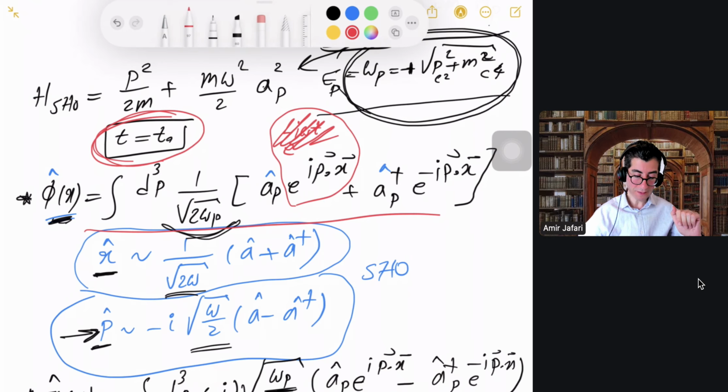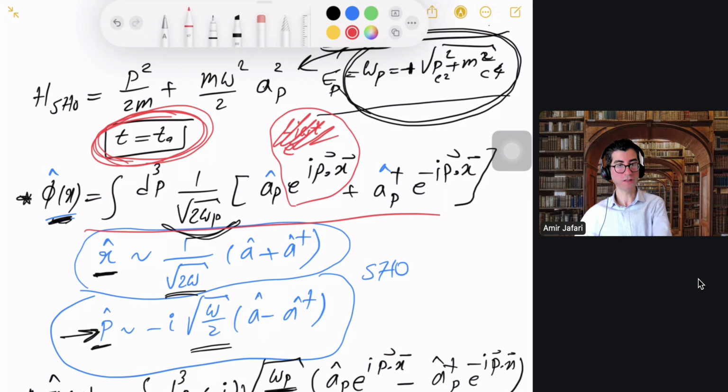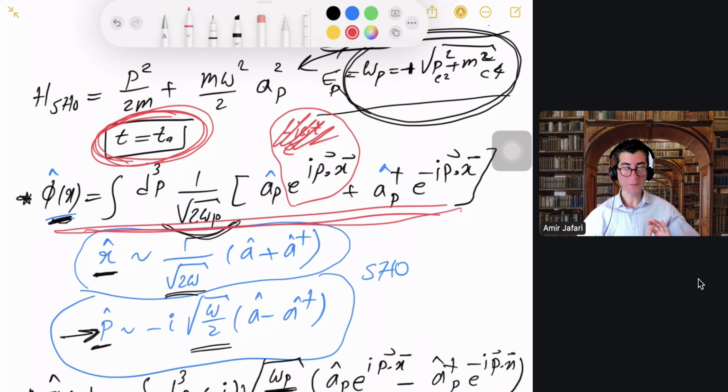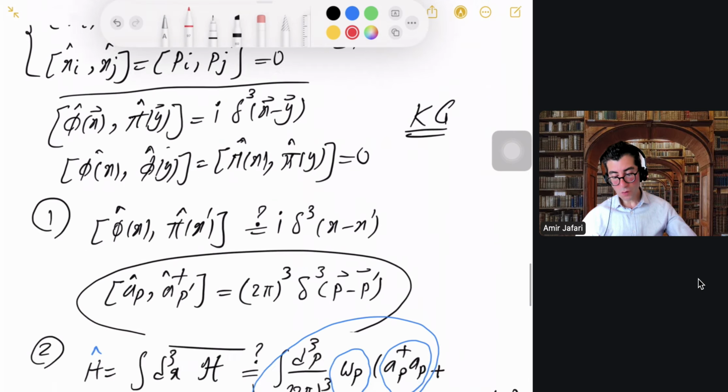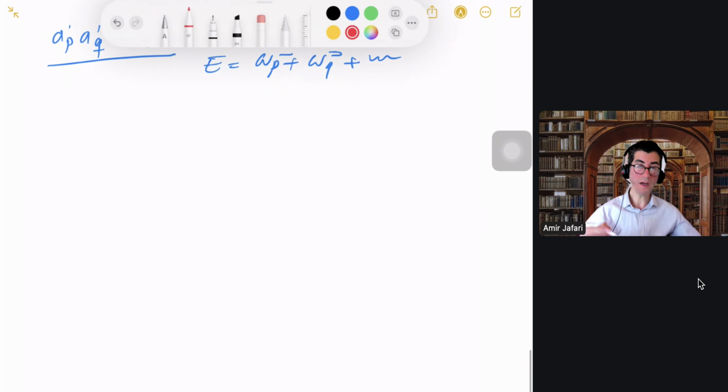So basically, this assumption here meant that we were working in the Schrödinger picture. At a fixed time, there is no time dependence in this expression here. You can move to the Heisenberg picture by defining, in my notation, phi of x and t. Now, this is the Heisenberg picture.